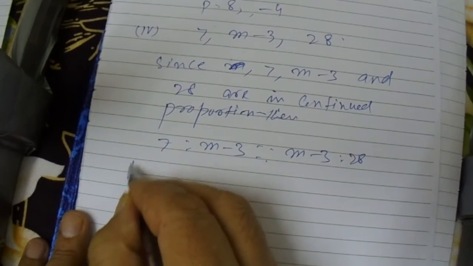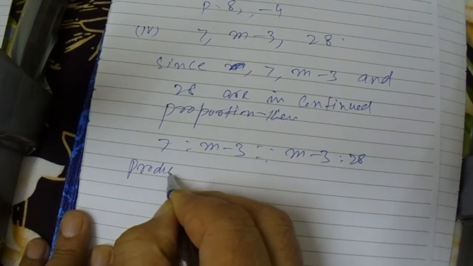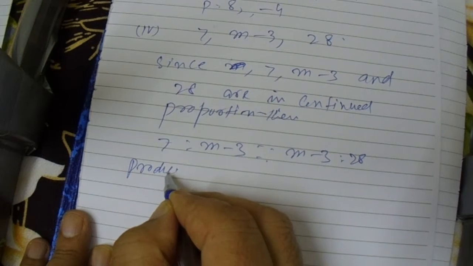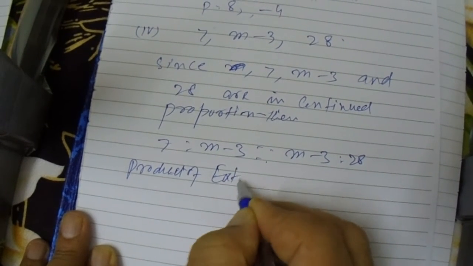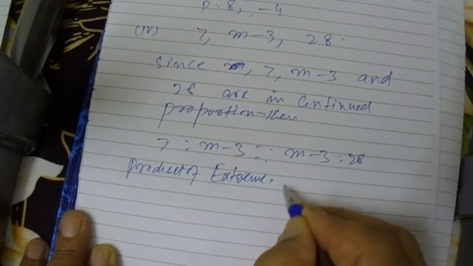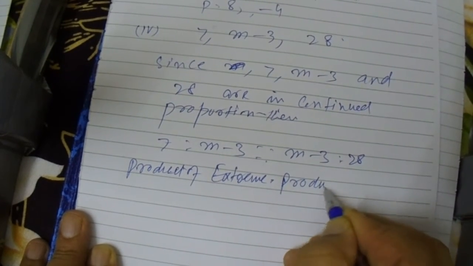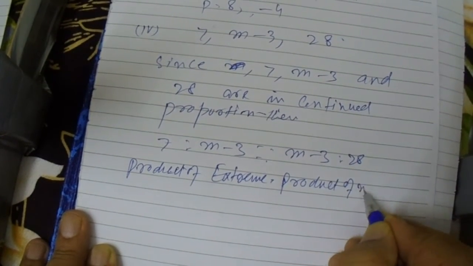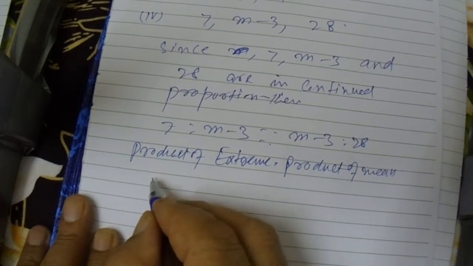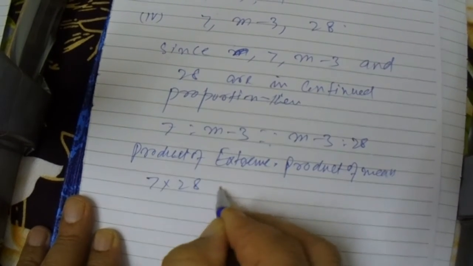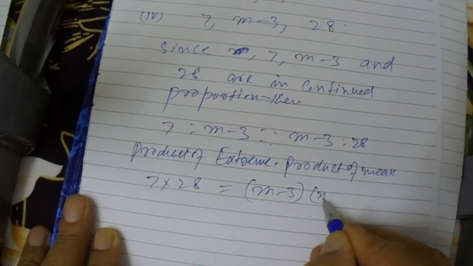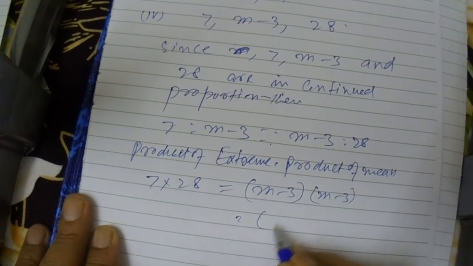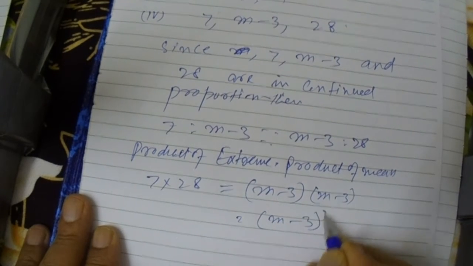Now again product of extremes is equal to product of means. We write 7 multiplied by 28 is equal to m minus 3 multiplied by m minus 3, which is m minus 3 whole square.